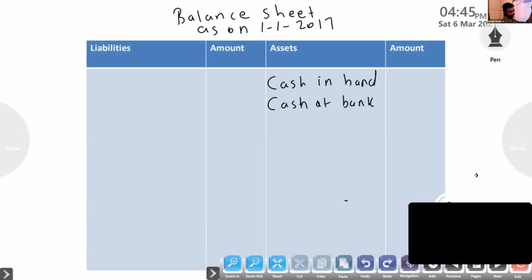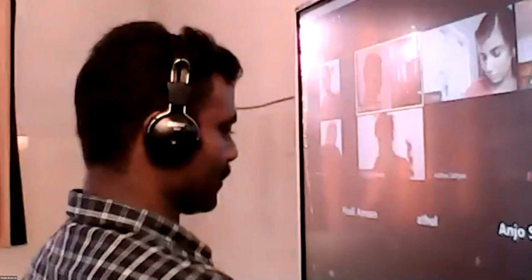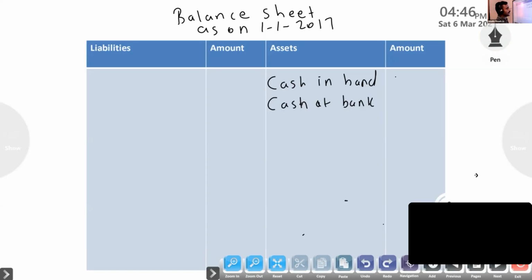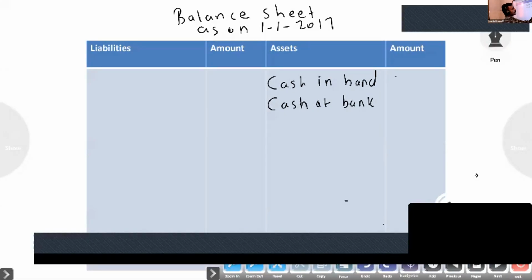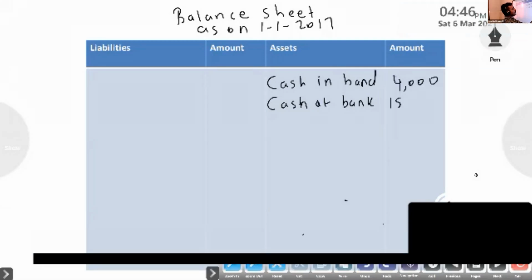So the amount of cash in hand, opening: 4,000. Just 4,000. Cash at bank 15,550.